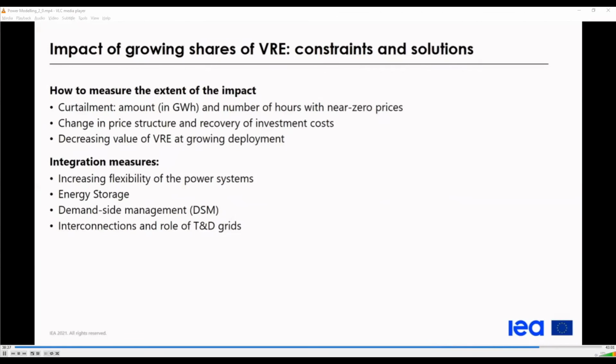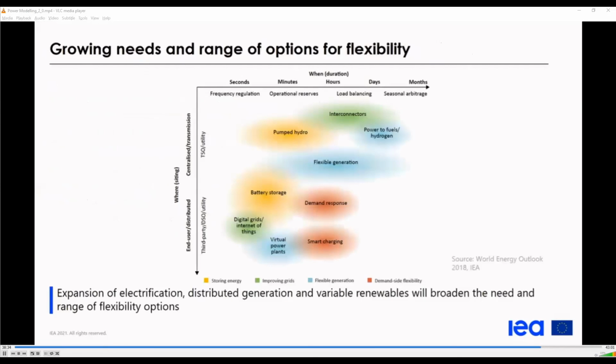So these four categories, I'll come back to this in the next slide. You can see how these four main categories are displayed in that graph with different colors. For example, flexible generation solution is in blue.